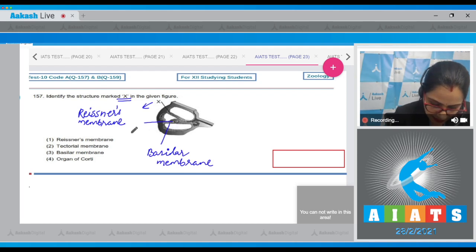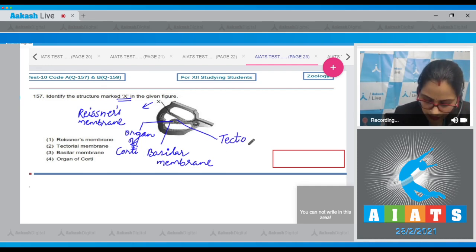This is organ of Corti. And here you have tectorial membrane.